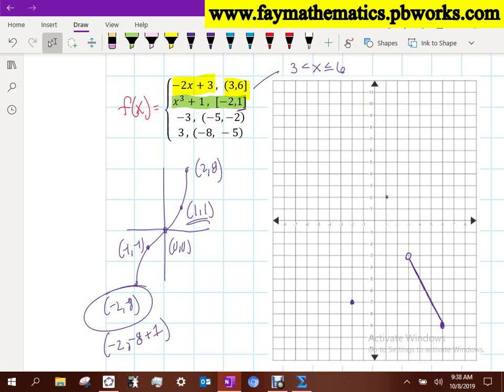And it's a closed dot, right? Does everybody kind of understand that idea? These are my x cubed y values. So then add 1 to each of those, and now I've got the y values for x cubed plus 1. Whenever we add a constant to our function, it's just going to either slide it up or slide it down.